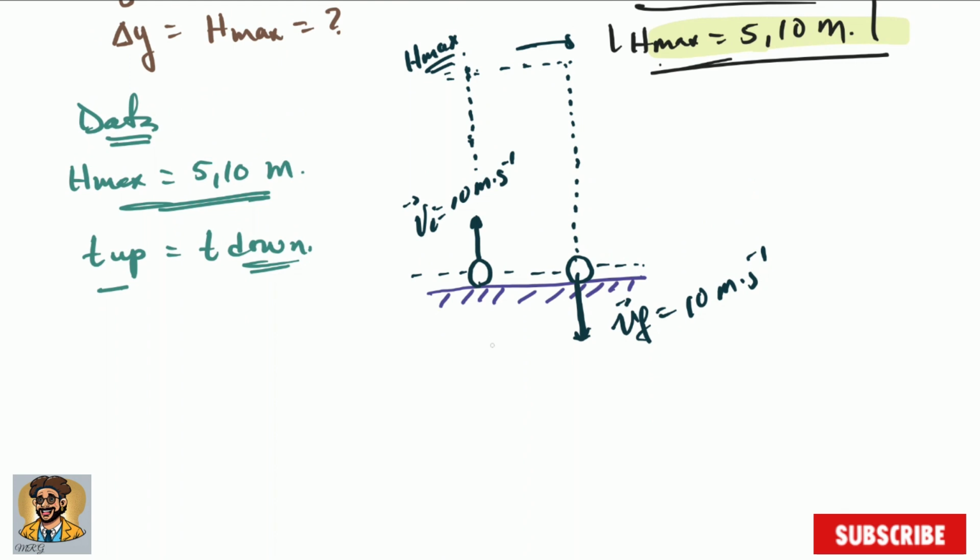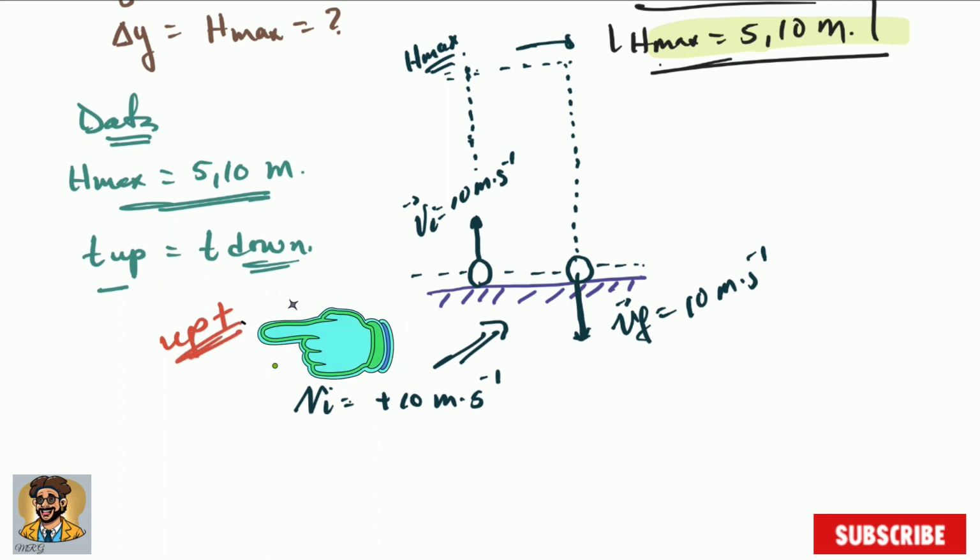So if we use this approach, we have here at this point that the initial velocity is equal to positive 10 meters per second, taken up as positive. We did already write that one. Let's perhaps rewrite it, but we're going to select the same direction.